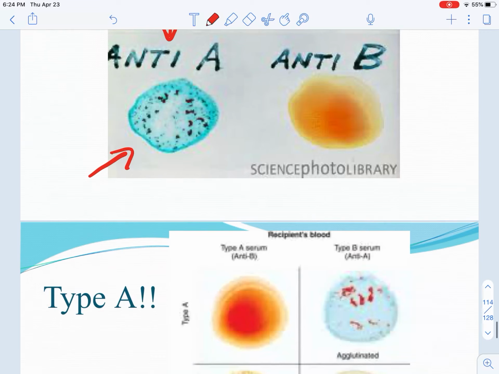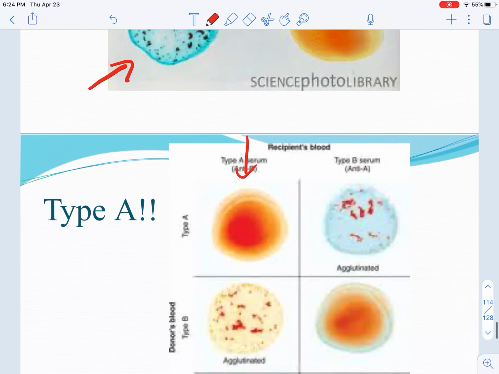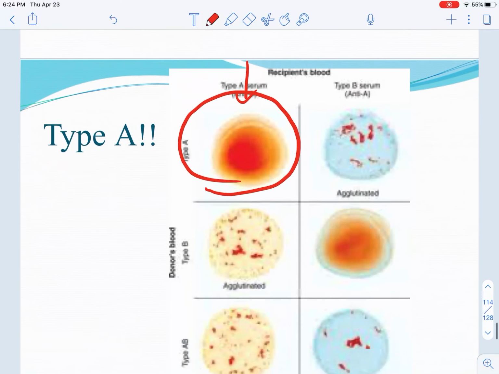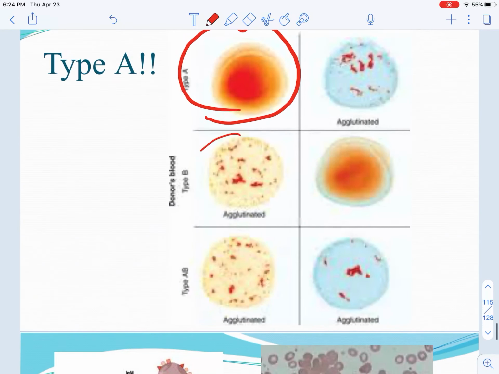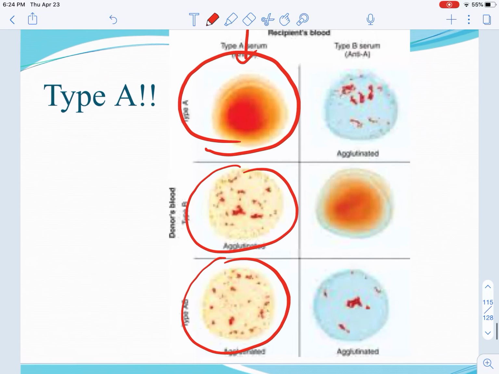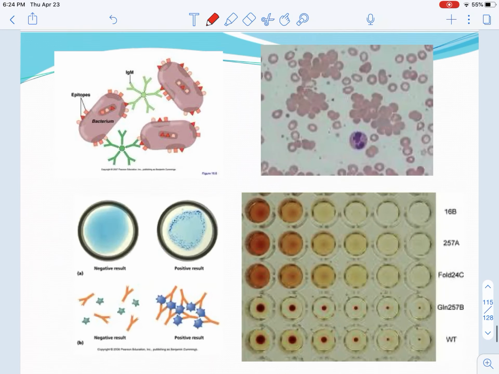So this one that made anti-A antibodies was clumping because of type A being put in it. And so you can see if A was put in A, it would be fine. And if A was put into B or AB, it was not fine.